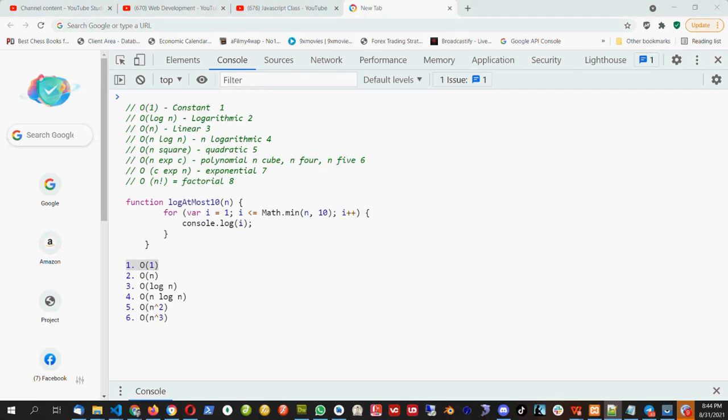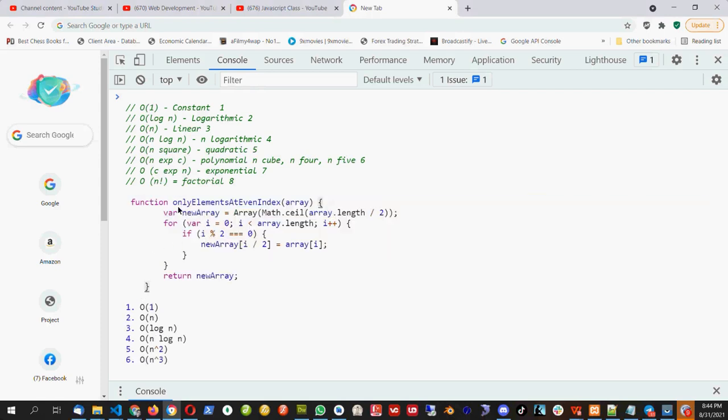Okay. Let's take another example now. This is a little complex function. So I have this function with this name, and don't worry about this line. It is doing something. I don't want to go into detail of this one.